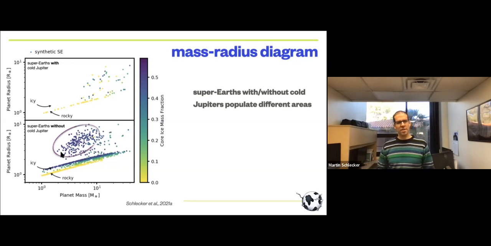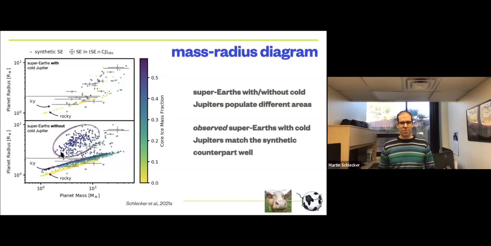That means there is a link between planet composition and system architecture, which is an interesting prediction. And of course, we wanted to check if it's real. So we compared it to observed exoplanets. And so this is only the sample of super Earths in systems with super Earths and cold Jupiters. So observed systems with both planet types.